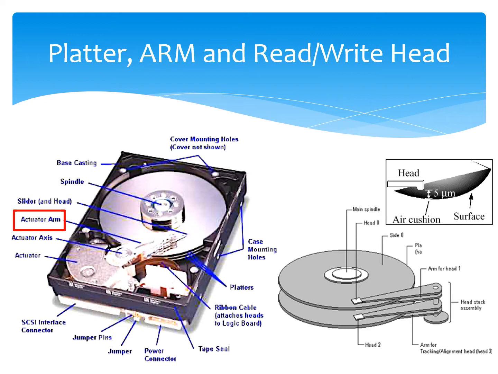Only one head is used for reading or writing at any time, so data is stored in serial fashion, even though the heads can in principle be used to read or write several bits in parallel.